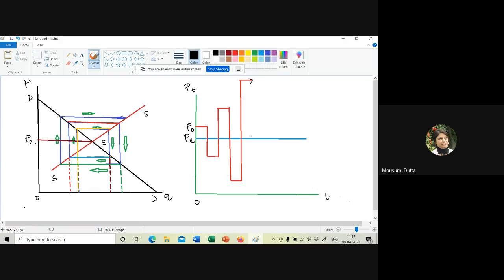This is P naught. So it is changing like this. So it is explosive oscillations.